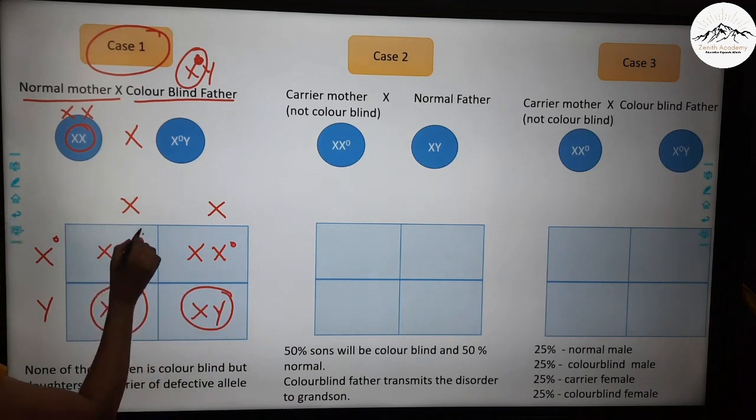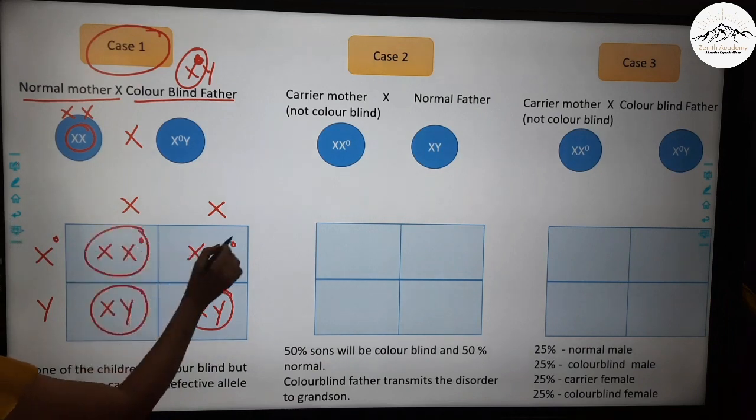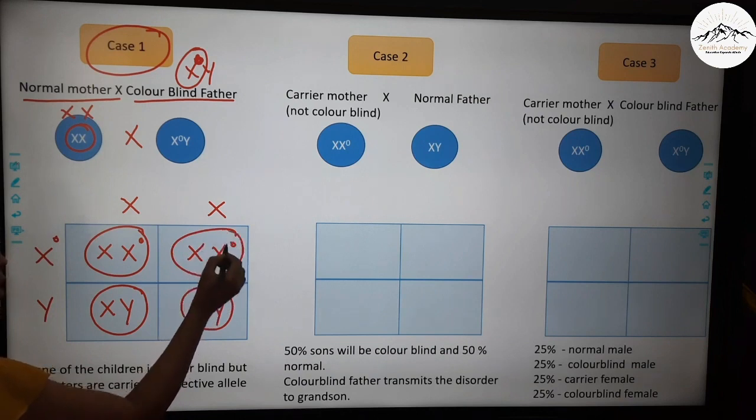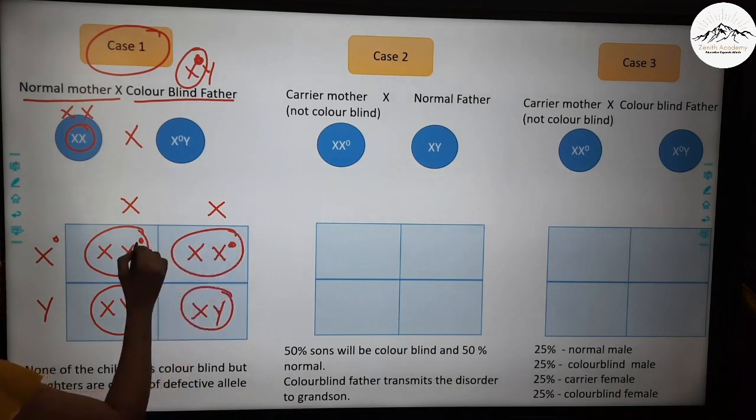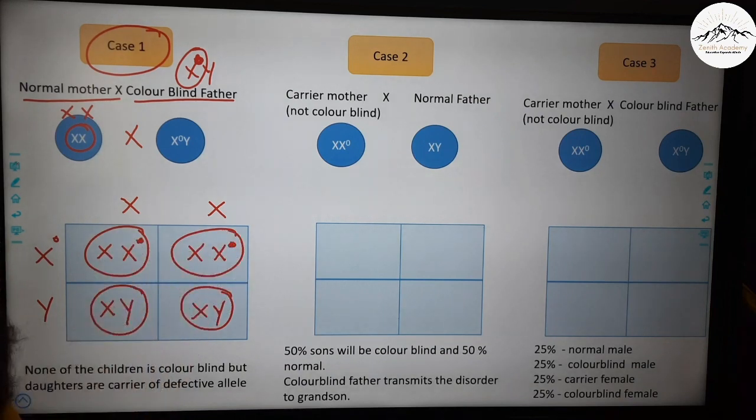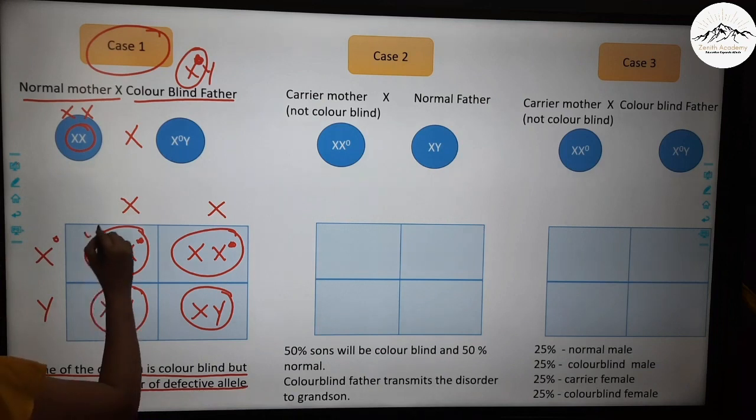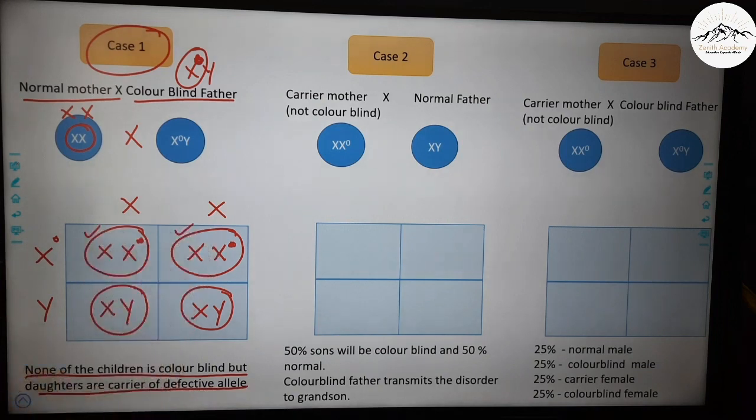Now these two are carrier females. Okay, they are carrying this, but they are not affected because in this disease it is mostly the male that is affected. So none of the children is color blind, but the daughters are the carriers of the defective allele. So these two, that is the daughters, are the carriers.